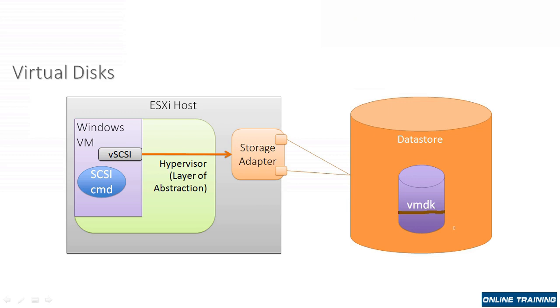So as those SCSI commands get issued by Windows, this virtual machine has a VMDK file that the ESXi host is aware of, and that the ESXi host knows where that VMDK file resides. And so those changes, those SCSI commands, are going to be pumped over some sort of storage network towards that VMDK file.